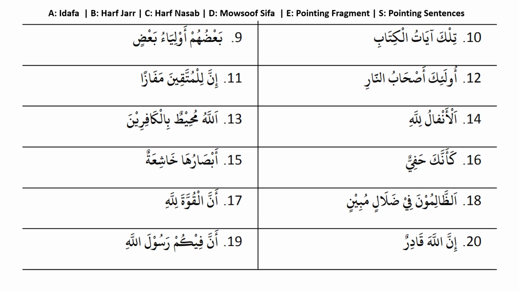But look at the tricky thing here: Inna is a harf of nasab and mafazan is a bit far away, but it is affected by inna. Lil muttaqina is in the middle, a harf of jar for muttaqin. So in this example, there's one harf of nasab and one harf of jar.